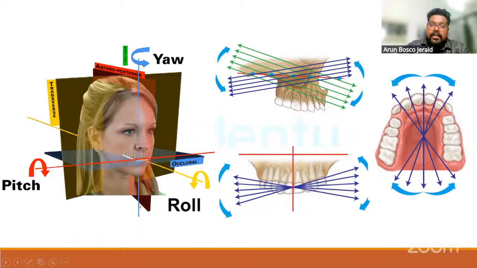See the blue line: the axis is vertical and the plane of movement is the transverse plane. Along this vertical axis, rotation happens along the transverse plane. So the mesial or distal, or side to side, right to left movement of this arch or the bone can be called yaw. That's about pitch, roll, and yaw.